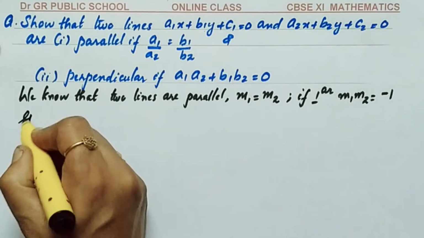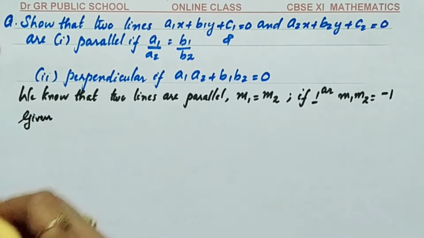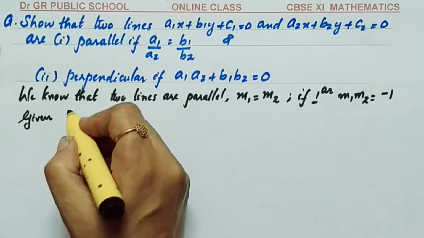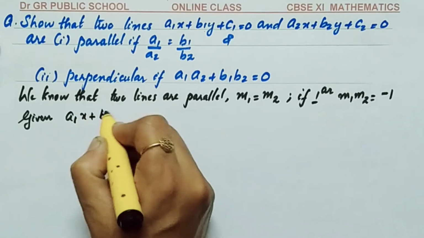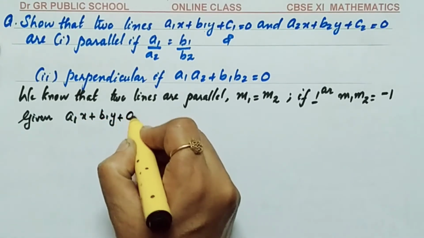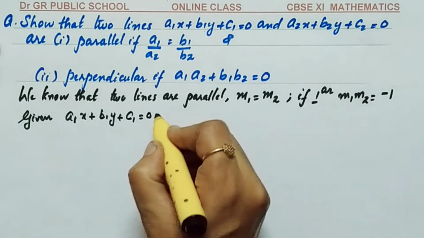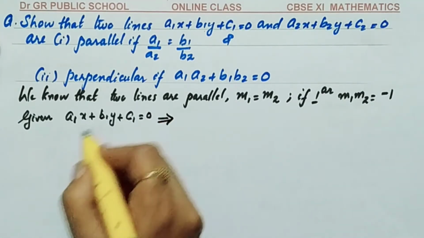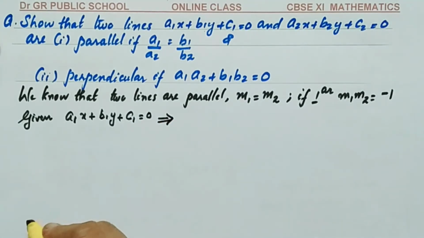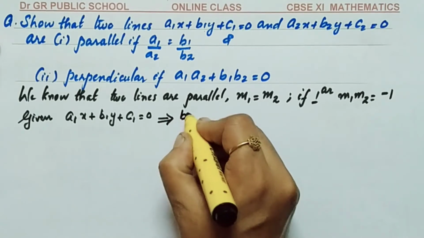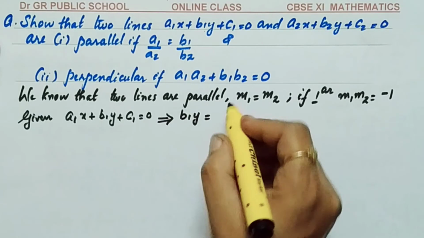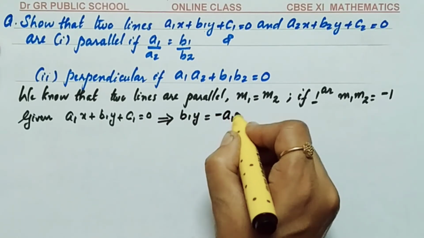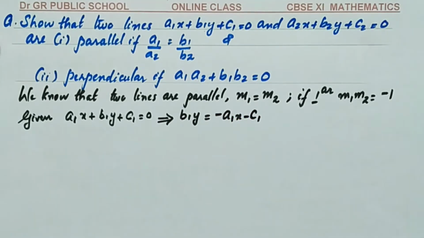From the given question, I need to arrange the equations. Line 1 is a1x plus b1y plus c1 equal to 0. To get the slope, I need to arrange the equation in slope-intercept form: b1y equals, keeping the y term on the left side and bringing all the other terms to the right side, minus a1x minus c1.